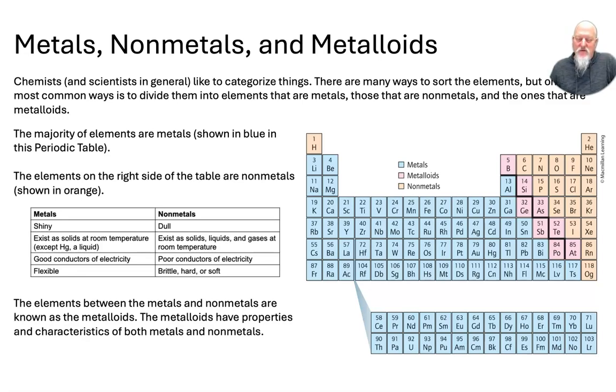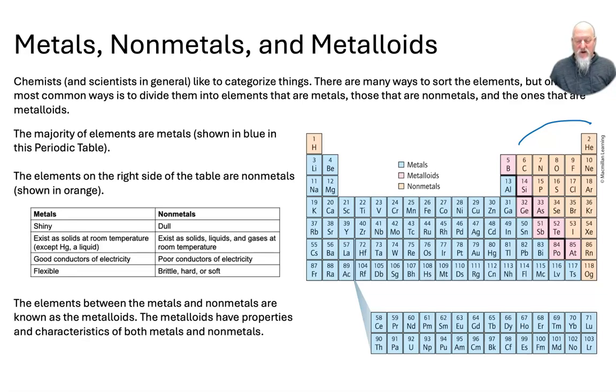Okay? If we go a little bit further, we can categorize the elements as metals, nonmetals, or metalloids. In the upper right-hand corner are the nonmetals. Those elements, they don't conduct electricity, they don't conduct heat. They all have kind of unique properties. So there's a range at room temperature of solids, liquids, and gases. Carbon at room temperature is a solid.